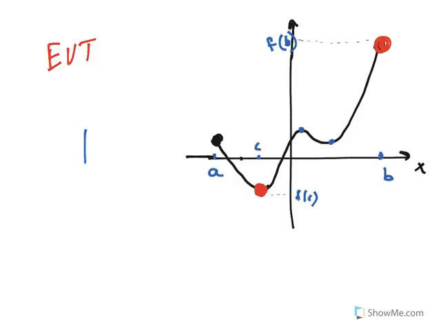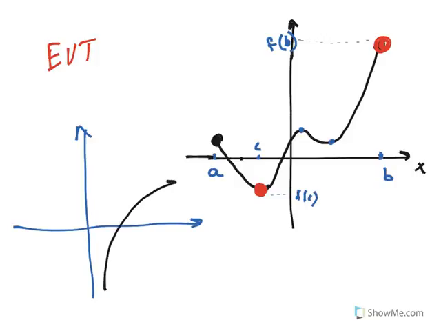Now you're probably thinking, okay, so this one looks like a polynomial function. What about if I had something like, I don't know, a logarithmic kind of function? So in that case, what happens? Okay, so fine, same thing. Let's say I have my a value endpoint here, and my b value, the endpoint, is there.